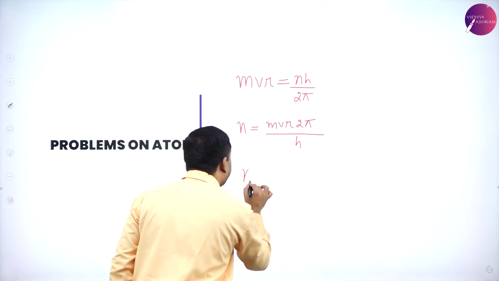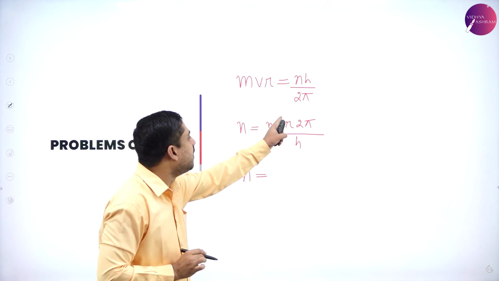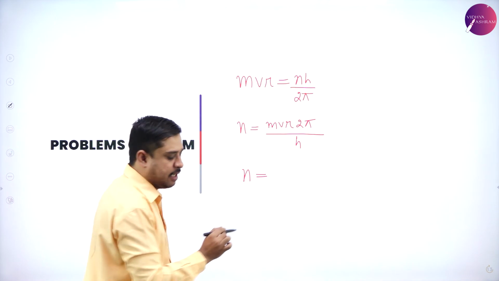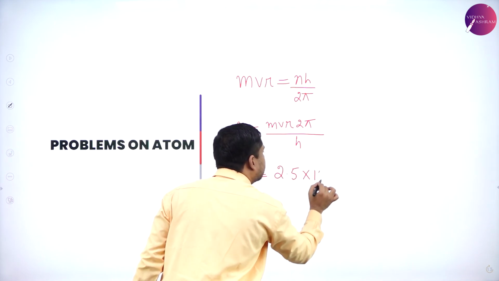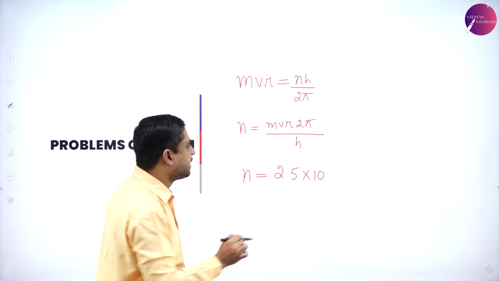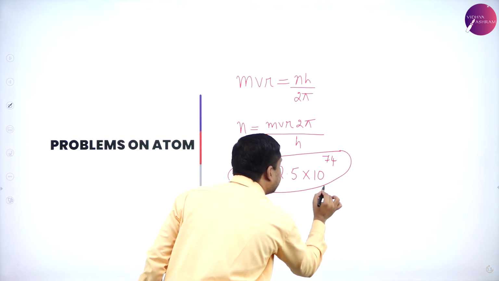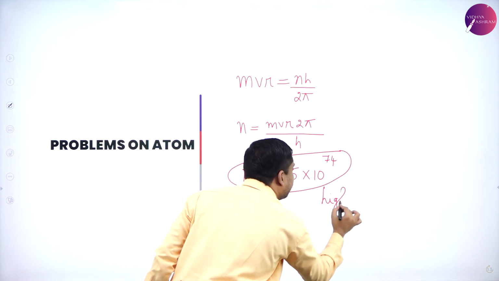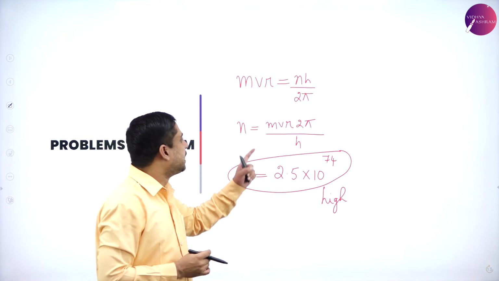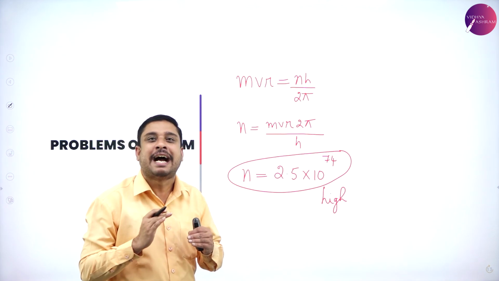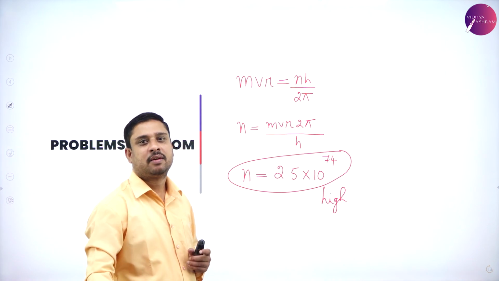Substituting all from the given expression, mass, orbital velocity, radius, this is 2.5 into 10 power 74, which is practically very, very high and cannot be accepted. So this factor does not ideally give the revolution of the earth.